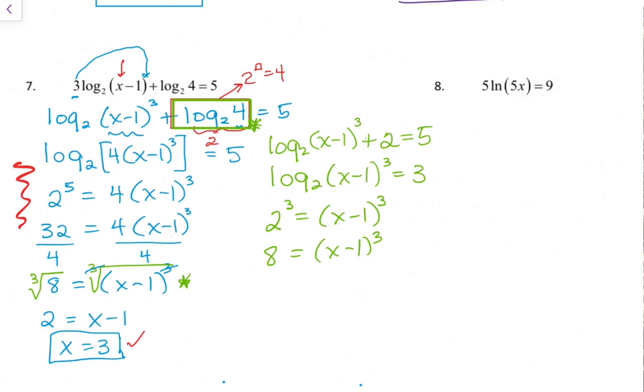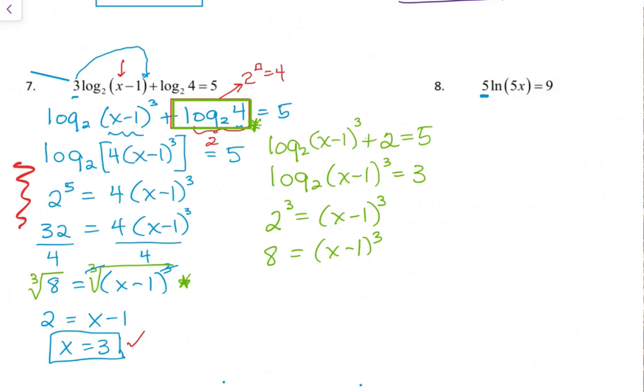Okay, last example. Now, when I look at this problem here, you might be thinking that, similar to back here in number 7, where we moved that 3 in as a power, that's what you would do with this 5. And you can do that. However, I have another way I can deal with that coefficient on ln, and that is I can divide it out on both sides.